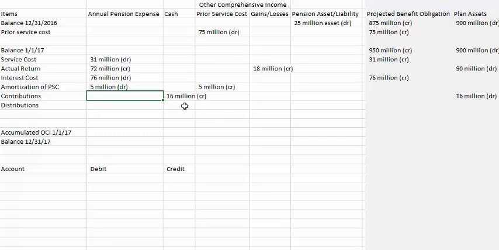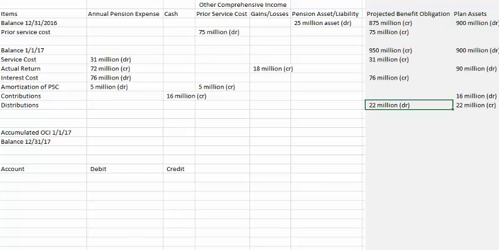And now they're going to receive the payments when they're retired, and most people would want to credit cash because it comes out of cash, and that would be logical, but it doesn't come out of our cash. It comes out of the pension plan. So we have a $22 million decrease credit to the pension plan assets. And we actually decrease our projected benefit obligation because we've paid now some of those prior obligations. So you debit the pension projected benefit obligation.